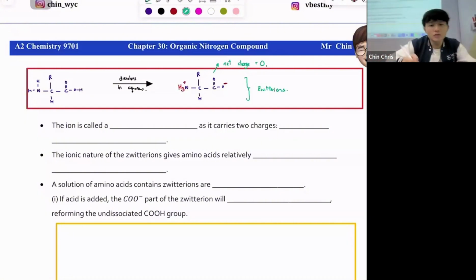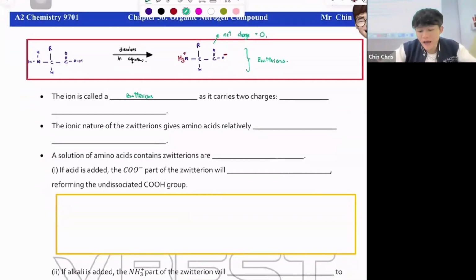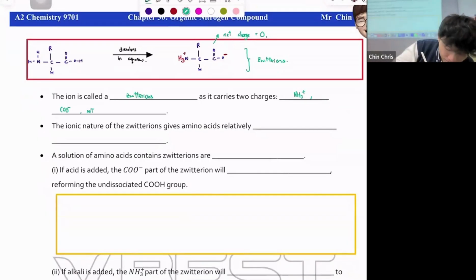This ion is known as a zwitterion as it carries two charges. NH3 is a plus, COO minus is a minus, hence the net charge is 0.